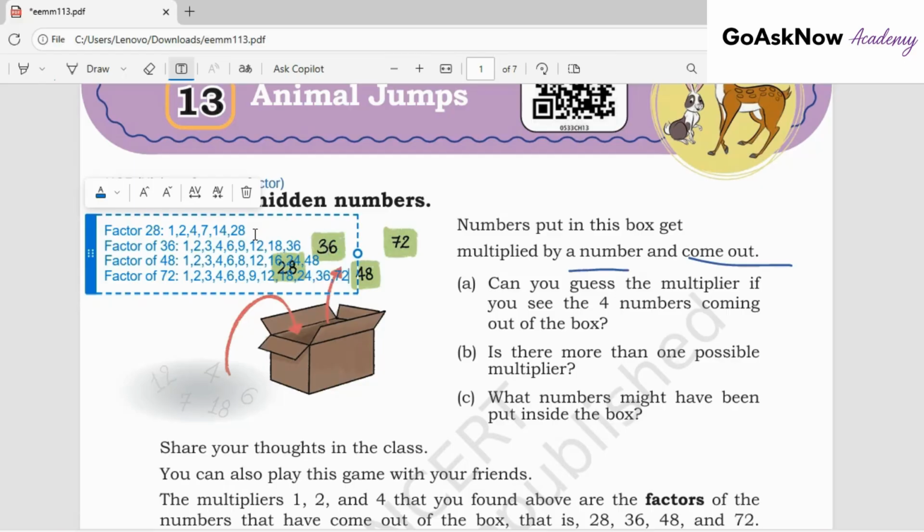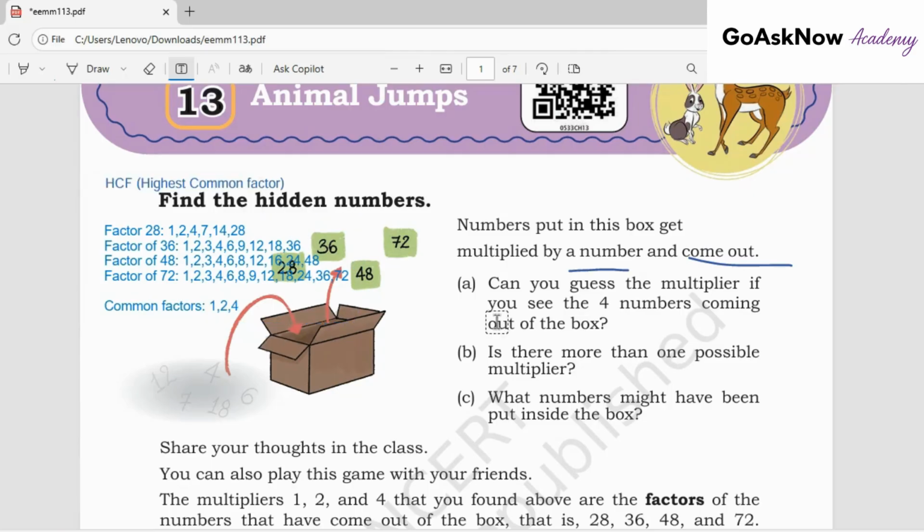Here the common factors are 1, 2, 4. So the answer for option A is that the multiplier could be 1, 2, or 4. Why? Because 1 is common, 2 is common and 4 is common in all four factor lists.